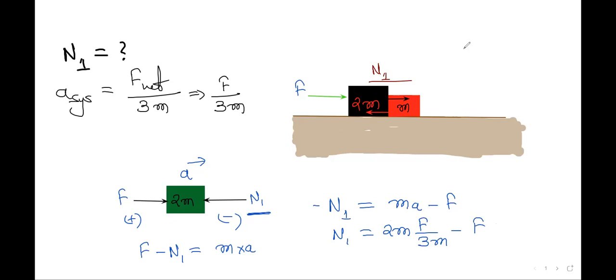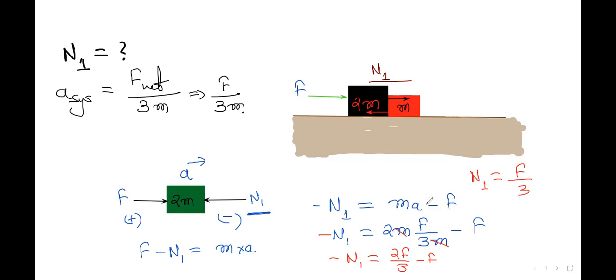So we can cancel this m. So minus N1 is equal to 2F upon 3 minus F, right? So the value of N1 will be 3F minus 2F, so 2F upon 3 minus 3F upon 3, right? Got it?